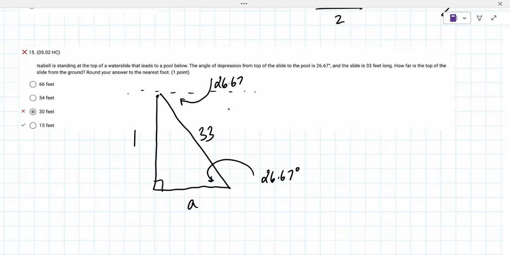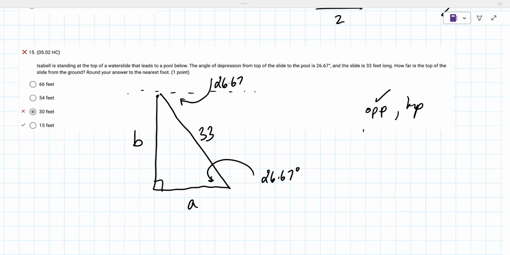So are they asking you to solve for A or B? They're asking me to solve for B. Yes. Relative to this angle, B is opposite, and 33 is the hypotenuse. So which trig function do you use?